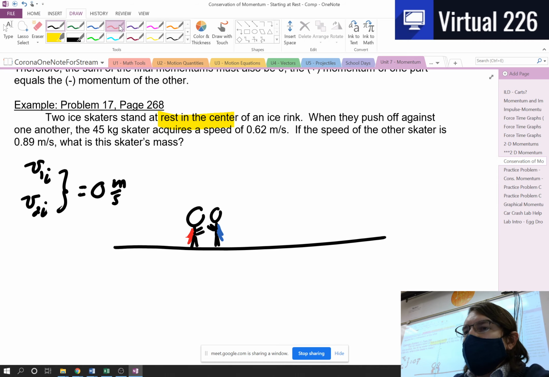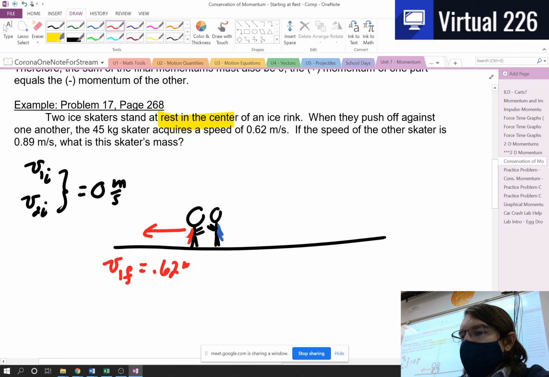When they push off against one another, the 45 kilogram skater gains a velocity of 0.62 meters per second. So that's the first skater's final velocity. And we know this skater's mass here is 45 kilograms.